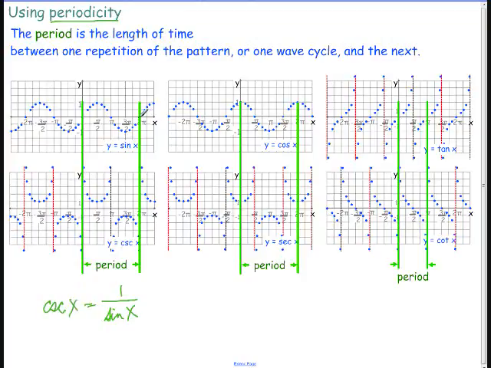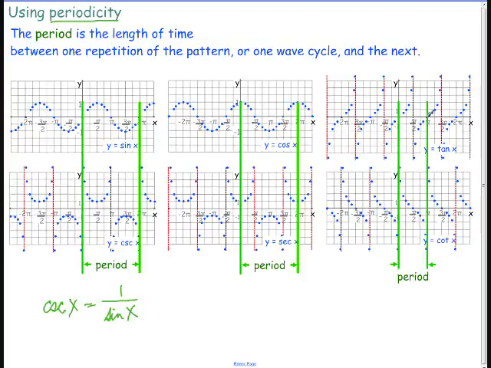Every place that that is 0, this will have an asymptote because we never let the denominator go to 0. Same true here. Every place that cosine is 0, that's where your asymptote is for secant.